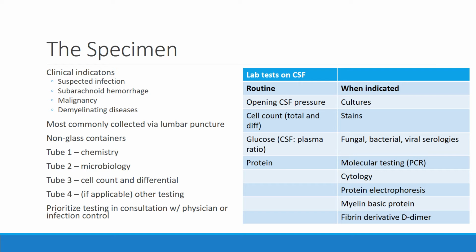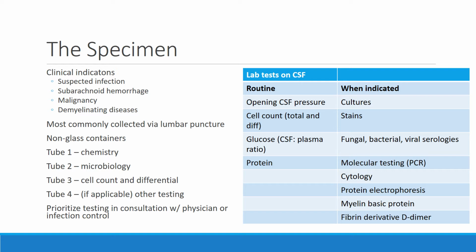Now, the specimen itself, the reason that we would collect this specimen, you need to understand when we would collect it. Again, a person's perfectly healthy. They come into the emergency room with a cold, but otherwise healthy. We don't collect CSF from anybody who walks in the door. There have to be specific clinical indications, because the procedure itself is somewhat risky for the patient.